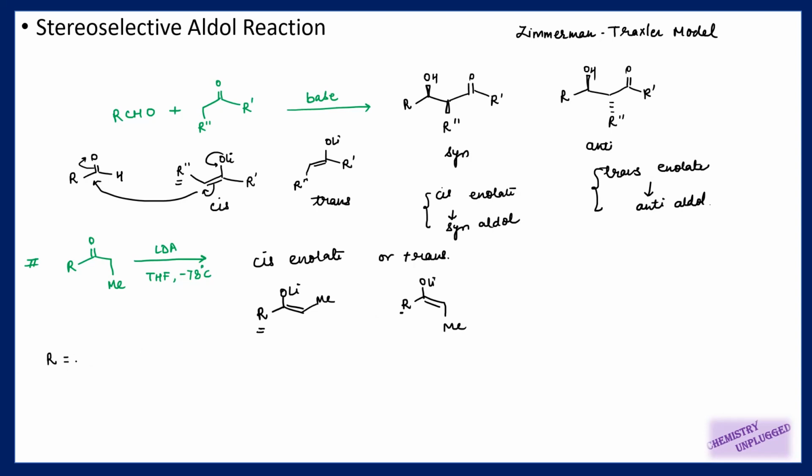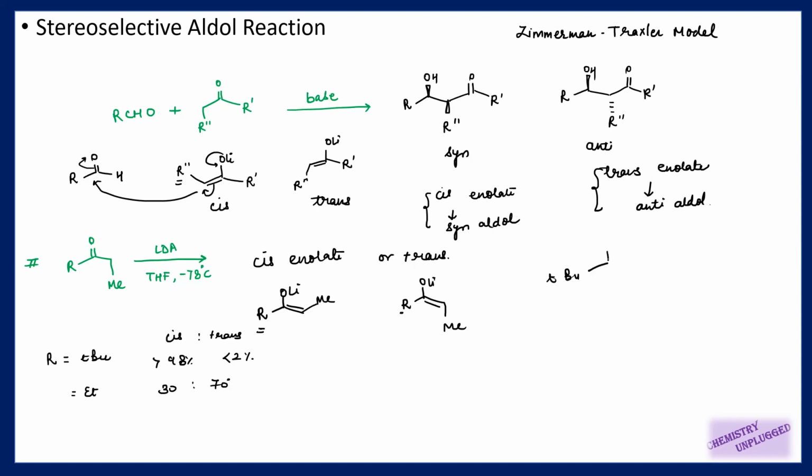When R is a bulkier group like tertiary butyl group, then we will primarily get cis enolate. So if you have the cis to trans ratio, when you are using tertiary butyl group, then cis will be greater than 98% and trans will be less than 2%. And when R is an ethyl group or a smaller group, then your cis product will be lesser. Why?